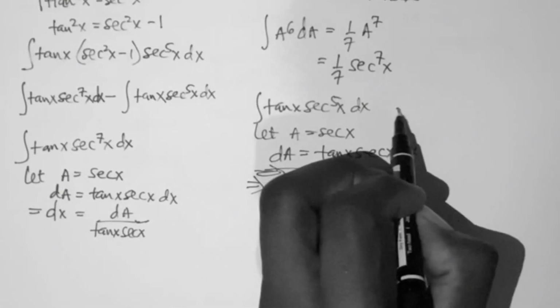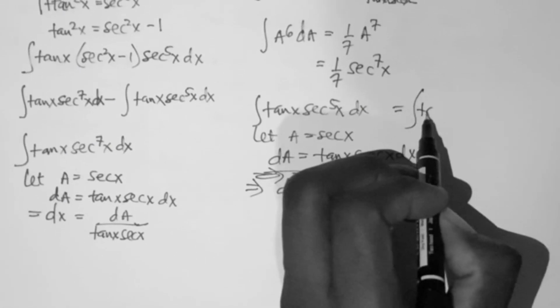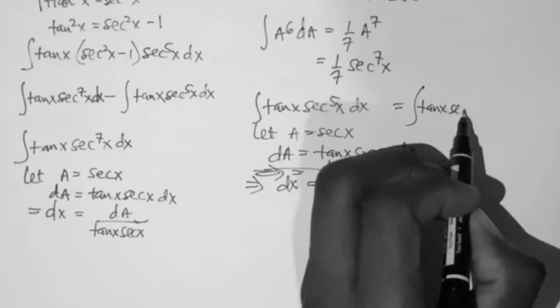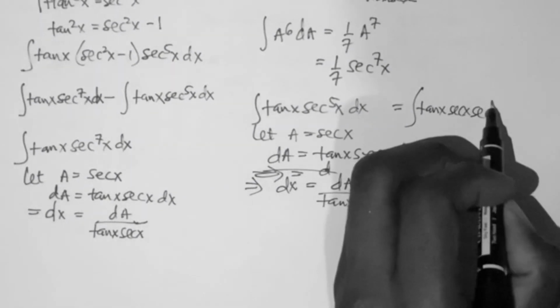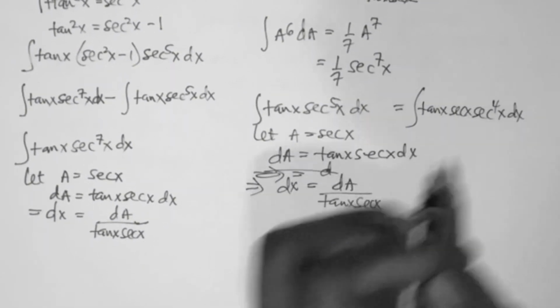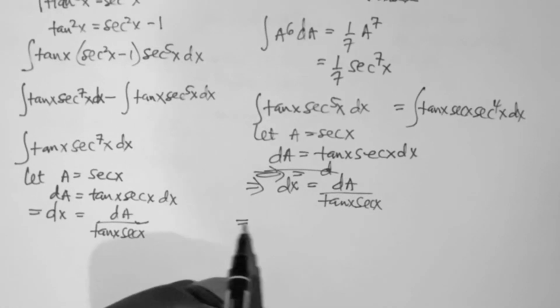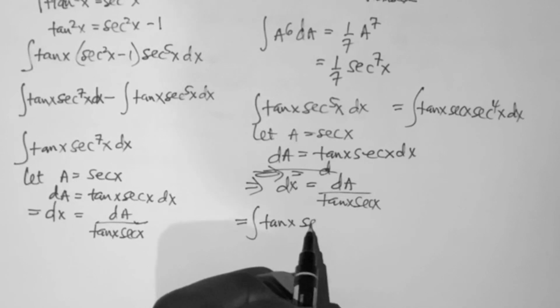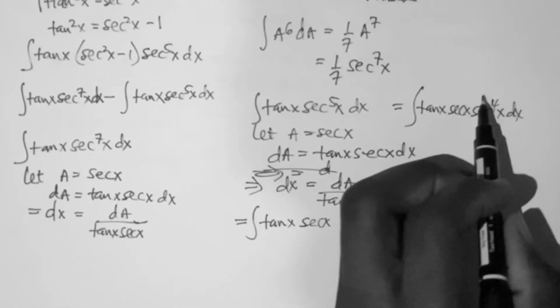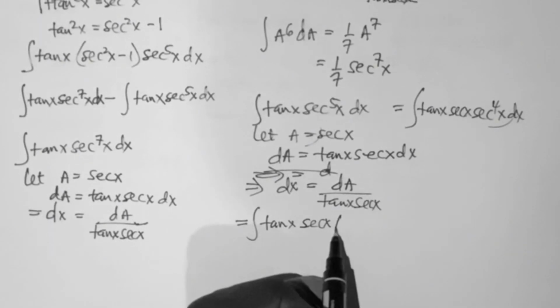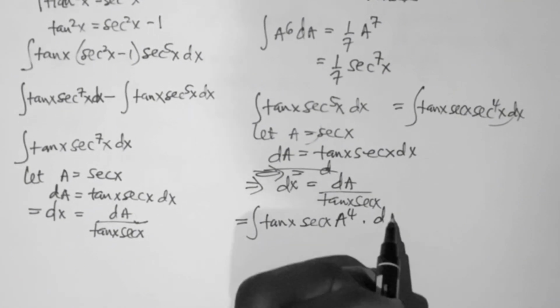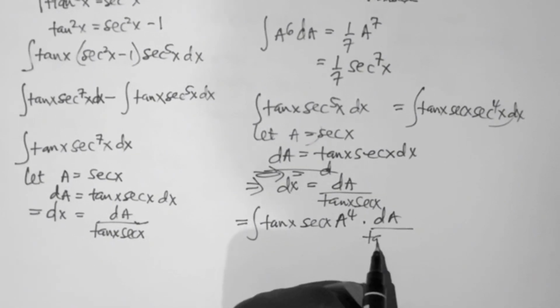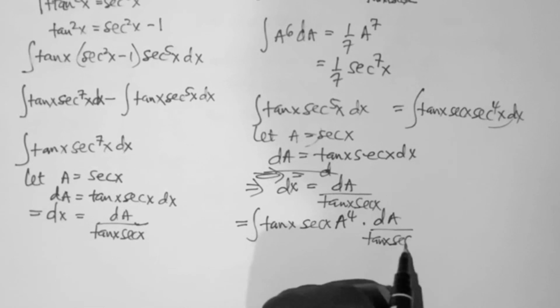So now I can rewrite this as integral of tan x sec x then sec exponent 4x dx, so that the integral now becomes integral of tan x sec x, then sec exponent 4x becomes a exponent 4, then times dA divided by tan x sec x.